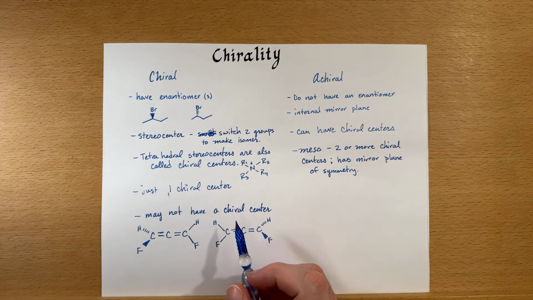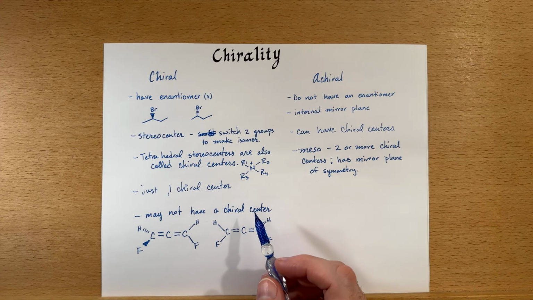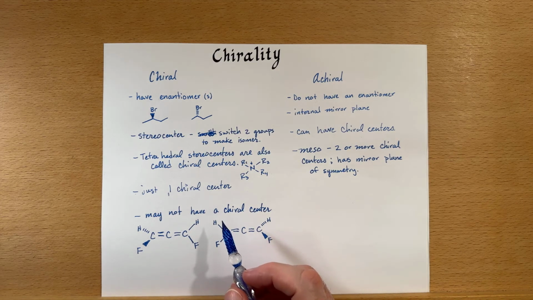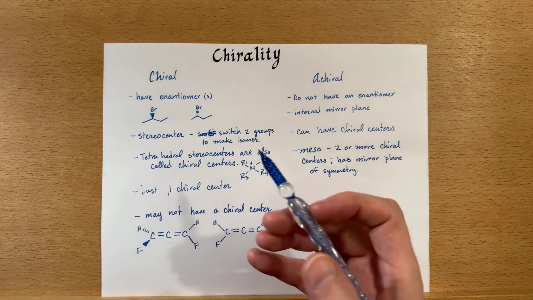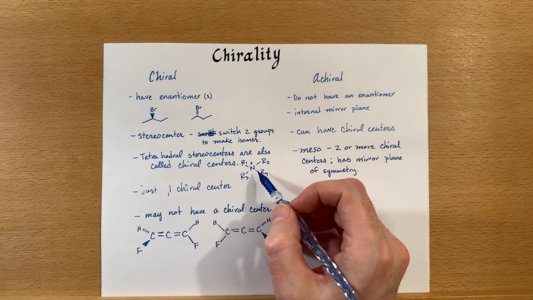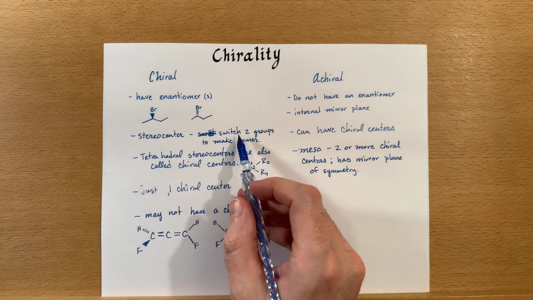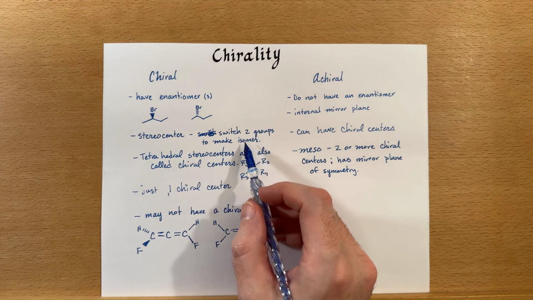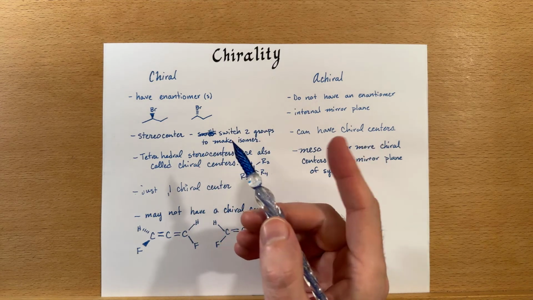Tetrahedral stereocenters are called chiral centers. That is where we have 4 different objects around a central carbon or other atom in the middle, in the case of this nitrogen. And we can switch the compound to the other enantiomer by merely moving 2 groups.